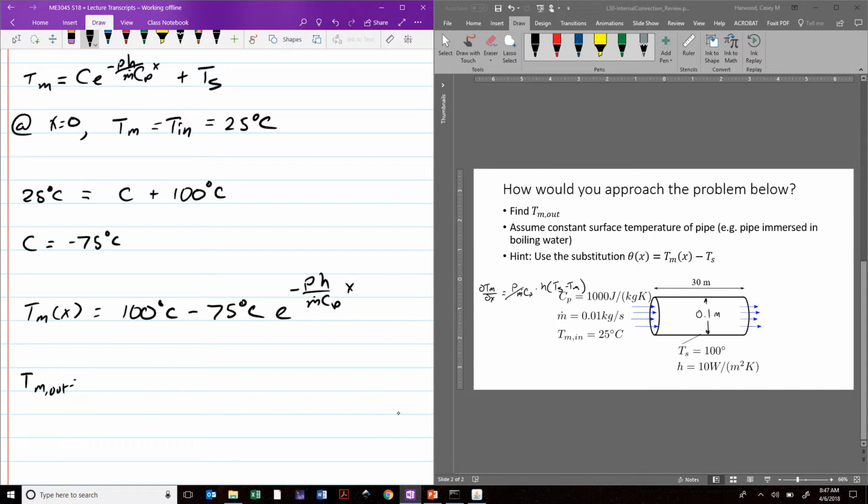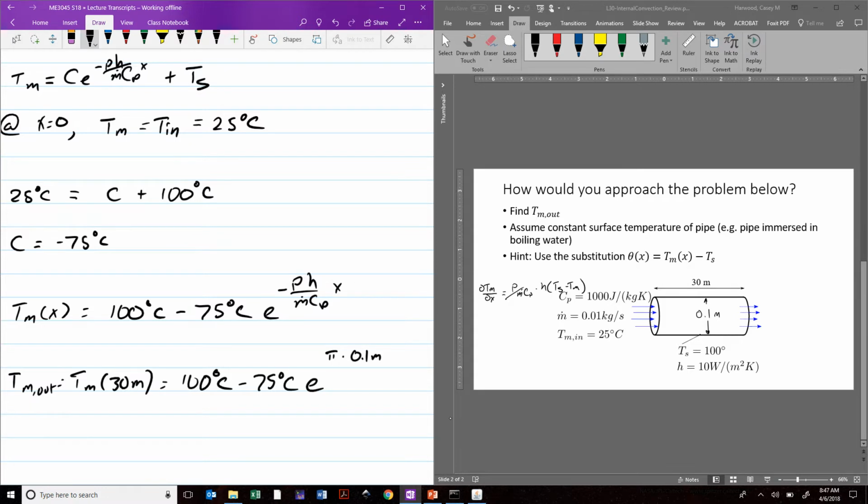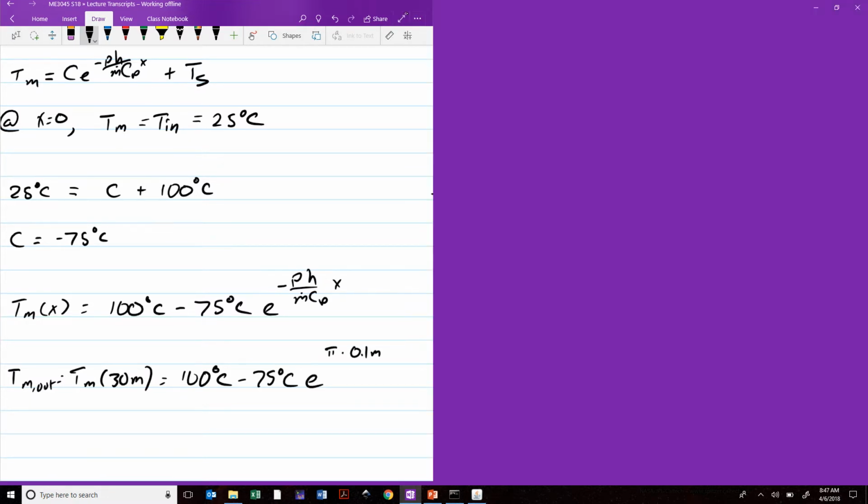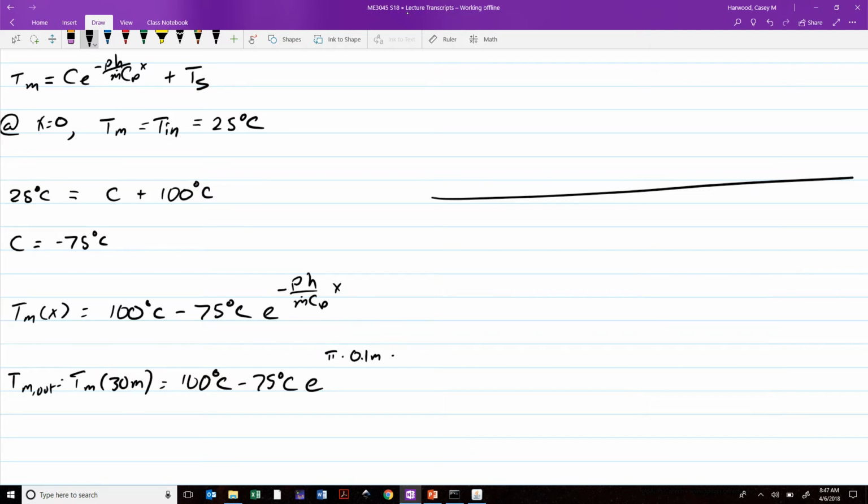Tm out is equal to Tm at 30 meters, should be 100 degrees Celsius minus 75 degrees Celsius, e to the negative pi times 0.1 meter times 10 watts per meter squared Kelvin, over 0.01 kilogram per second for m dot, 1,000 joules per kilogram Kelvin for Cp, times 30 meters.